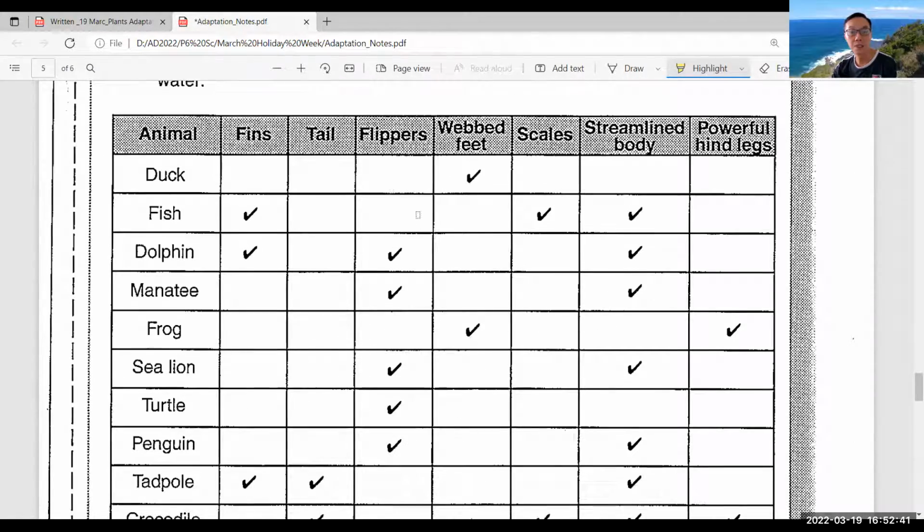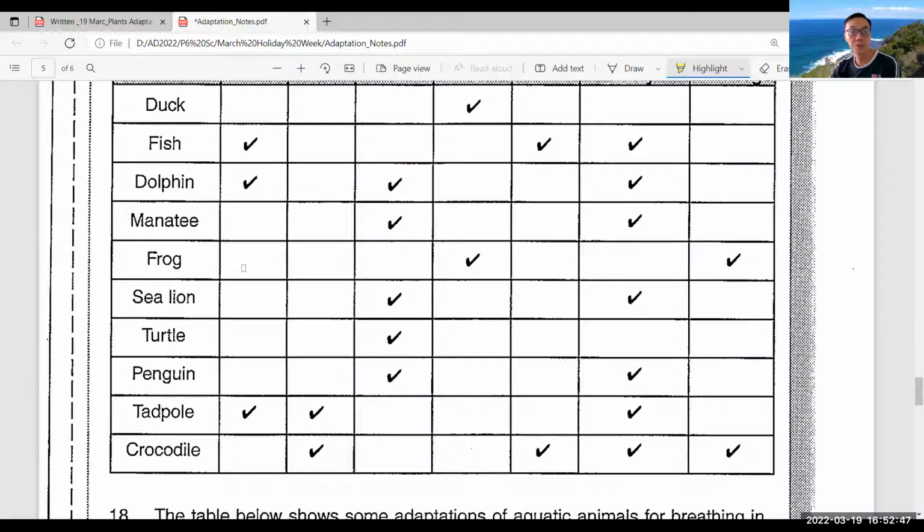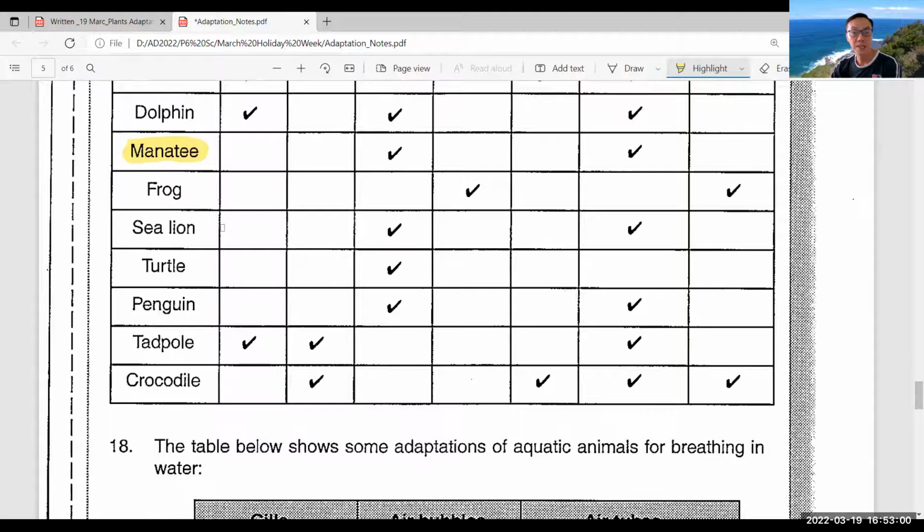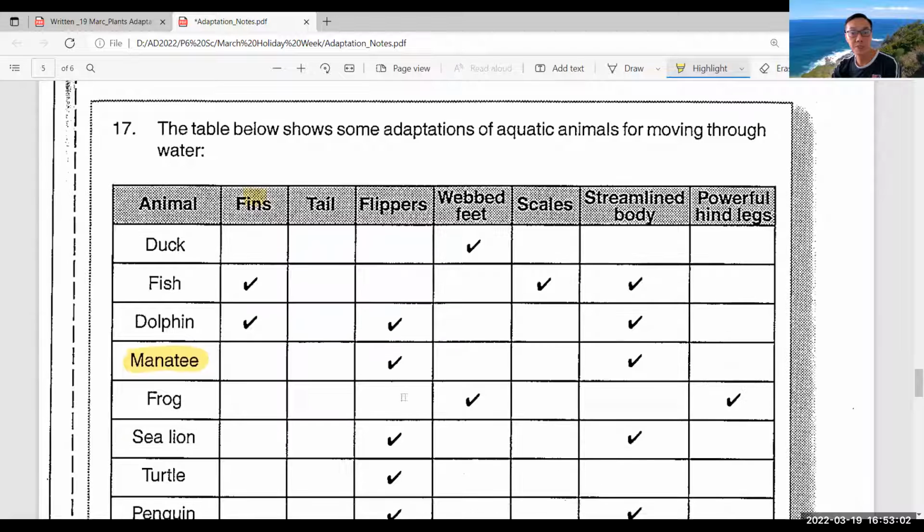Okay, this is a table showing the different structures of animals. So you take note of this. Do you know what a manatee is? A manatee is also a sea mammal. It's a sea cow. It looks like the dugong. Okay, the manatee has flippers.